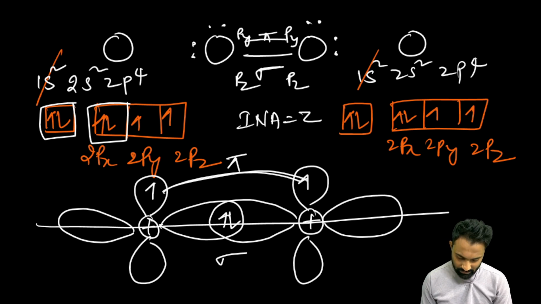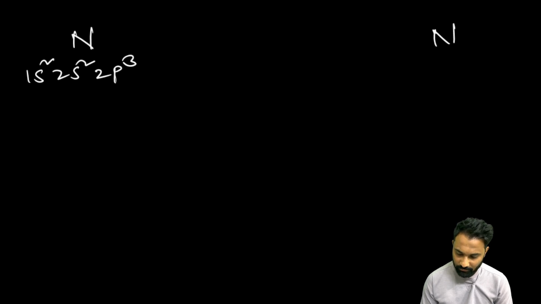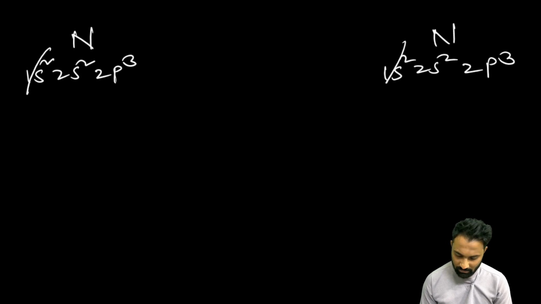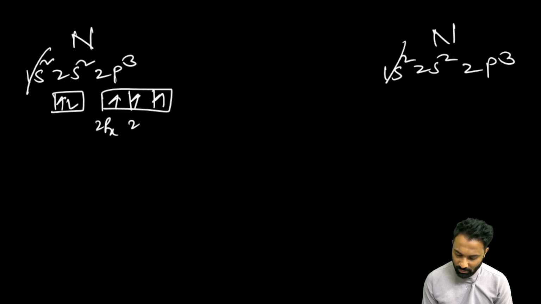Next comes N2, nitrogen and nitrogen. One nitrogen has 1s2, 2s2, 2p3. The other nitrogen also has 1s2, 2s2, 2p3. 1s cancels. Then the s orbital has 2 electrons, and the p orbital has 3 electrons: 2px, 2py, 2pz.